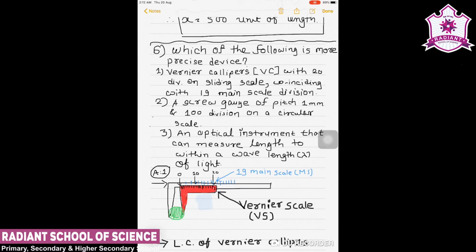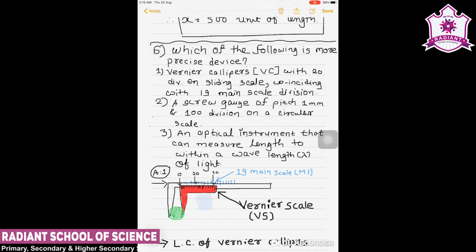Above that, the black one is the main scale, which I have shown with a blue color line. The blue line is the main scale, which is generally in a millimeter or centimeter scale. The main scale is in the millimeter range, while the vernier scale, the red one, which is the sliding scale, has 20 divisions on it.